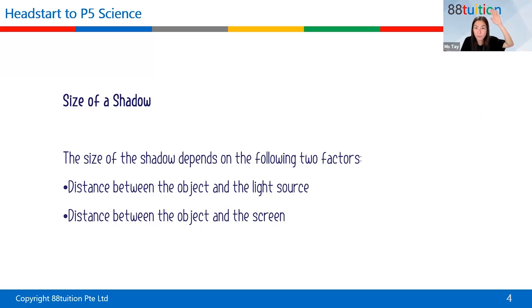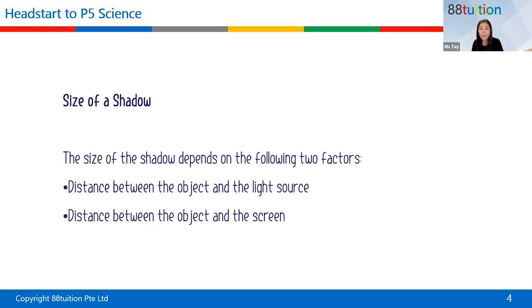Okay, how do I make the shadows of objects bigger? I phrased it wrongly just now. We talked about the two factors already, right? So what do you think? What can you do if I want the shadow of a particular object to look bigger?